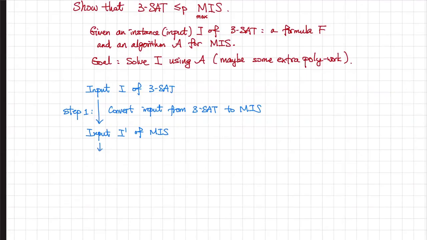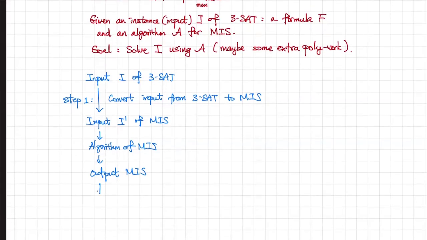Now, once we have the input here, then we will feed it to the algorithm of MIS and get the output of MIS. What's the output of MIS? What is it? The vertices of the graph, or the maximum amount of vertices that we can select without edges, right?